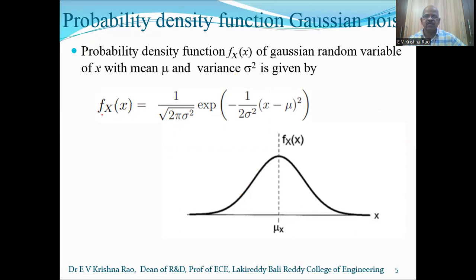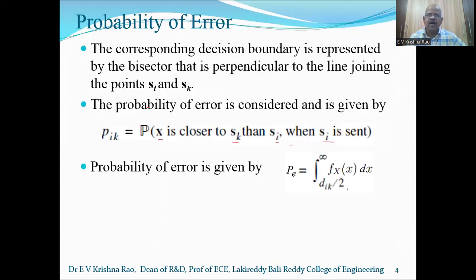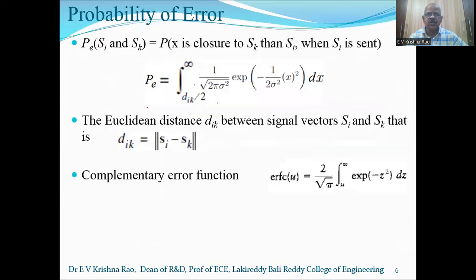The probability density function of random variable x can be taken as 1 by root of 2 pi sigma square, e power minus (x minus mu) square by 2 sigma square, where mu is the mean and sigma square is the variance. We integrate this probability density function from half the Euclidean distance towards infinity. Then this is the probability of error we estimate.